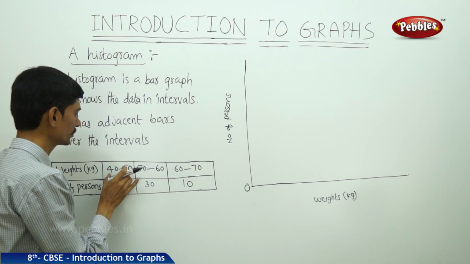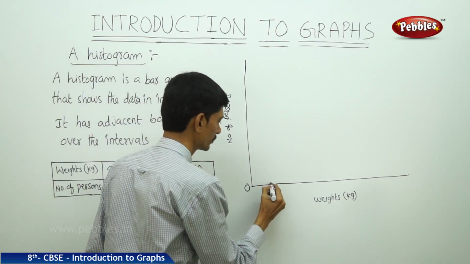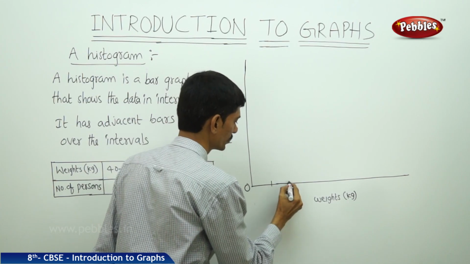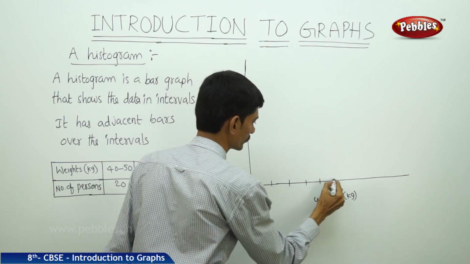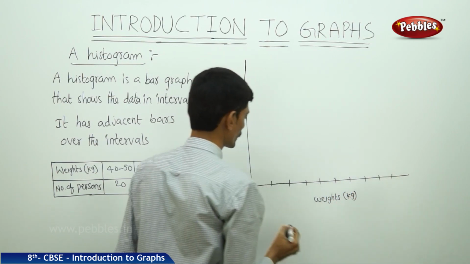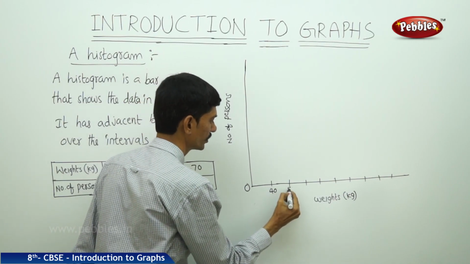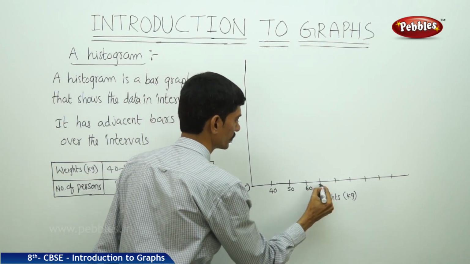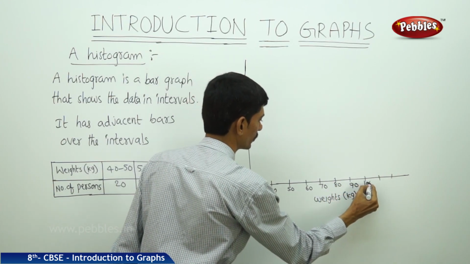We will take the classes from 40 to 50. Here we will make all equal intervals on the horizontal line. From 40 we are taking 40, 50, 60, 70, 80, 90, 100 and so on.